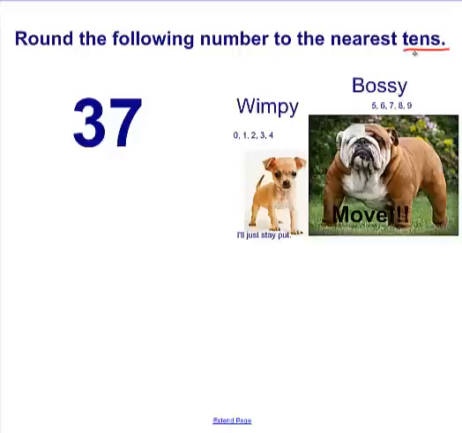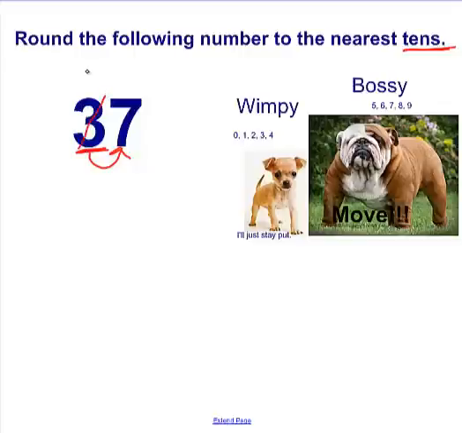Okay, you should have remembered the nearest tens. That needs to be underlined, and then go to the number and underline the tens. The second rule was look to the neighbor. It's a 7. Is it bossy or wimpy? If you said it's bossy, you are correct. Step 3 was, if it's bossy, it's going to boss this number around.